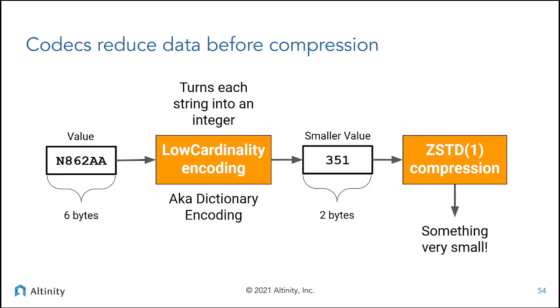Say you have a string like airport or tail numbers, where there's a few thousand of them but not a huge number. Instead of storing N86-2A, it will stick it in a dictionary with an integer value which is smaller, and then we can apply something like ZSTD compression on it and get something pretty small. So this is a very, very powerful technique.